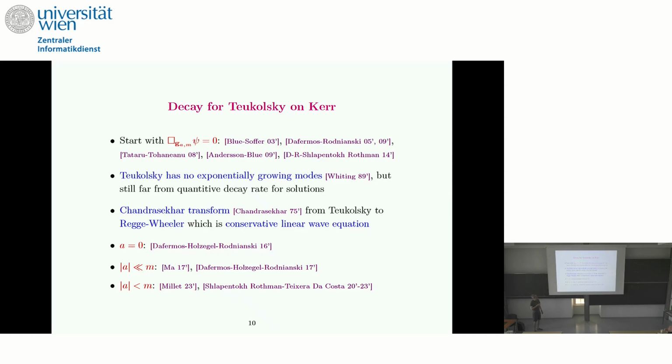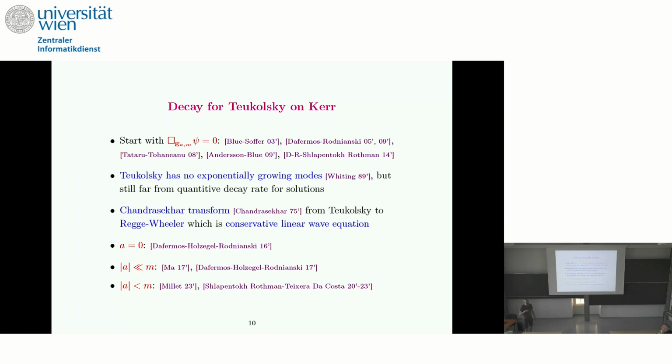It's a wave equation with a potential with a good sign. You can get decay for solutions to Regge-Wheeler by adapting the techniques for the scalar wave. And then of course you need to come back to Teukolsky, so you need to invert this transformation, which you can do.